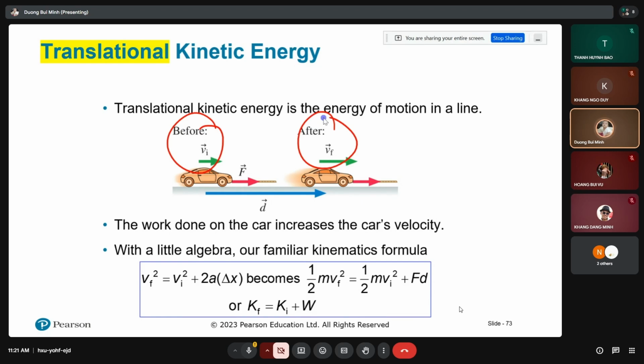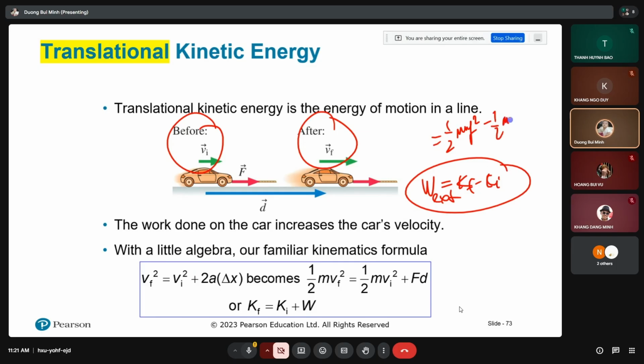We get the constant acceleration. So we can get the work will be kf minus ki. We discussed before. External work is kf minus ki, and kf is half m vf square minus half m vi square. Okay.